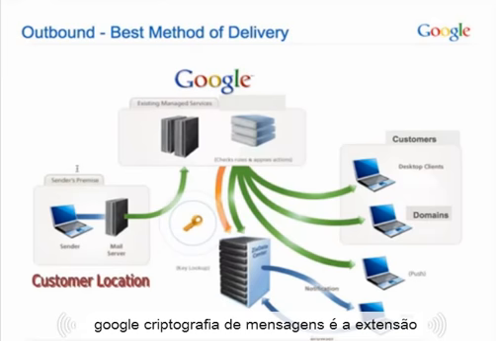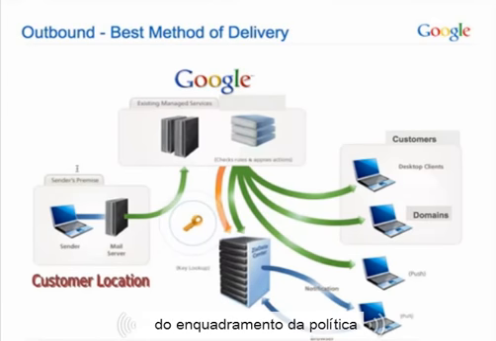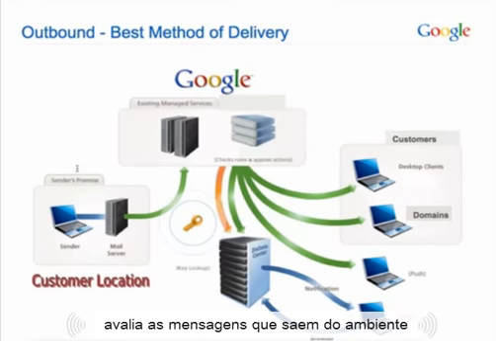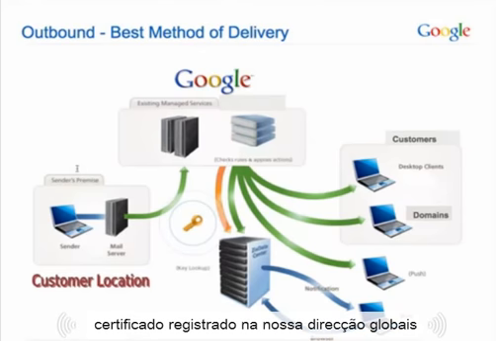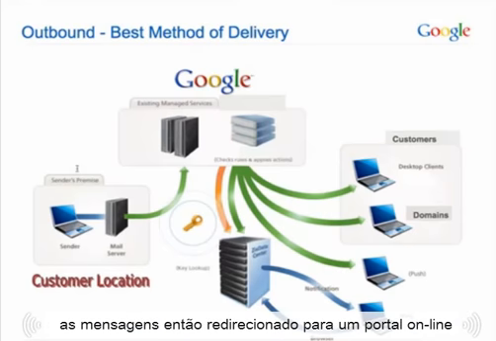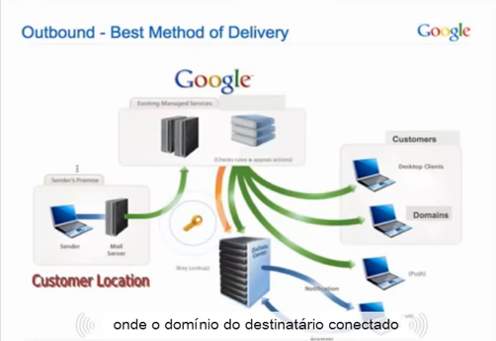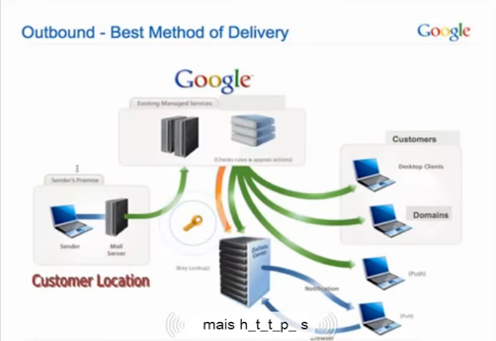Google Message Encryption is the extension of the policy framework, which evaluates messages as they leave your environment, and in the event that the destination has no registered certificate in our global directory, the message is then redirected to an online portal where the recipient can then connect and retrieve it over an HTTPS, that is to say an SSL web session.